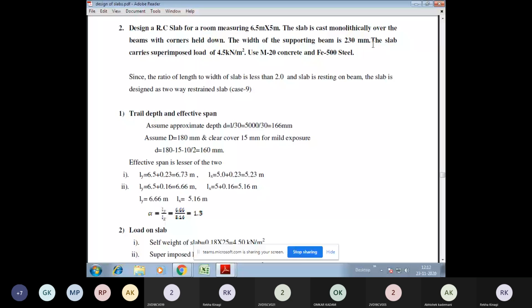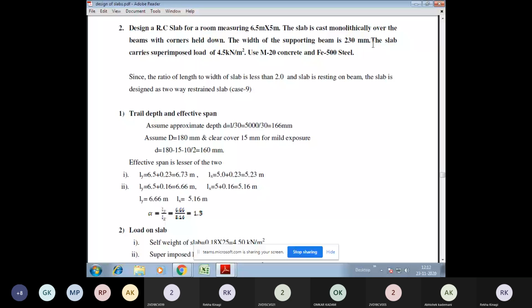See here, in Table 26 of IS 456, we have different bending moment coefficients for different panels and the ratio of Ly by Lx also. And this table refers when we provide the torsion at the corners.